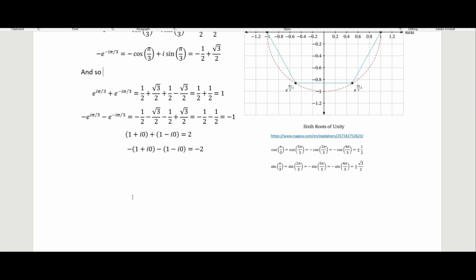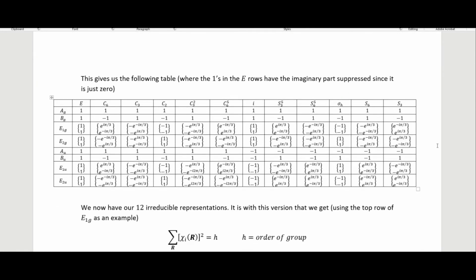And so when we do that, we get a table that looks like this right here. We see our E's, we have all these split, so the 1's here and the minus 1's and 1's here, where I could have put the plus and minus i0 on each of these, but since the imaginary part just goes to 0, I suppressed that.